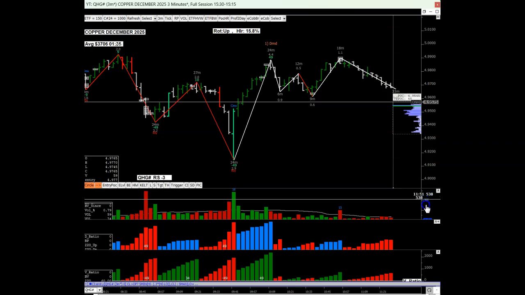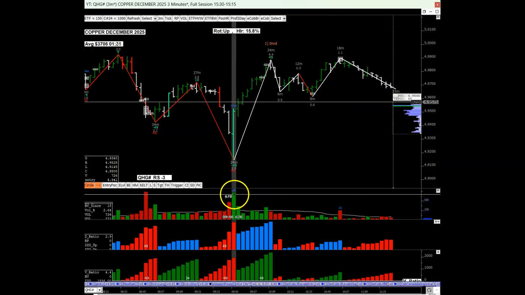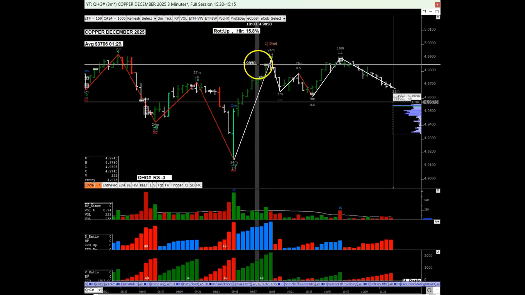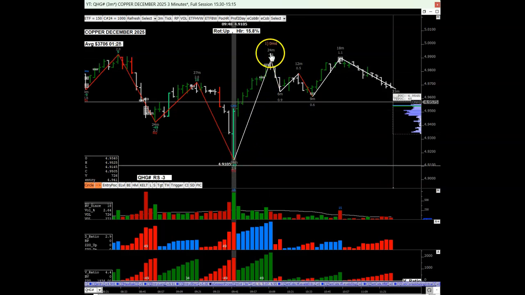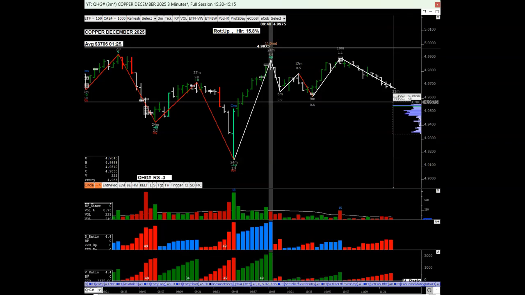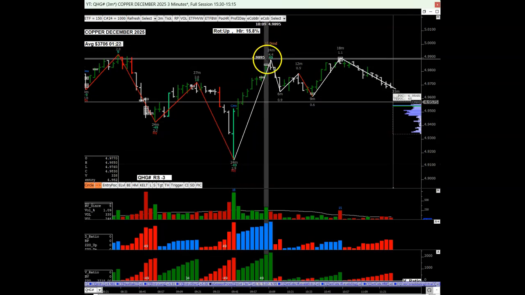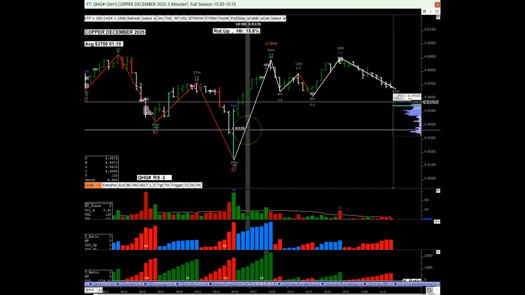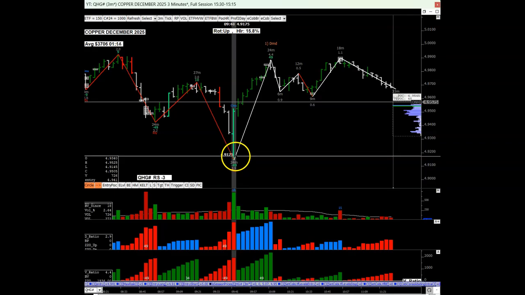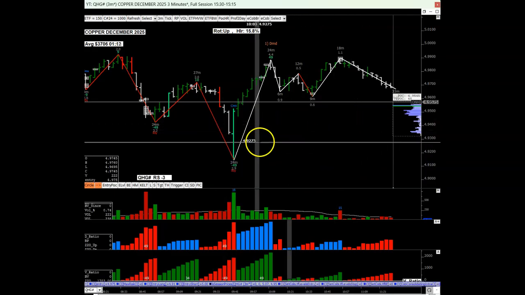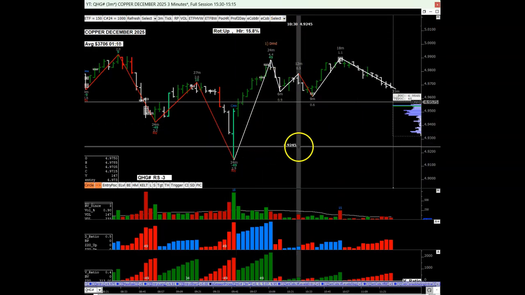And the other thing to mention is after the high volume, you should have a break or an extremely strong wave for a reversal. You can't just have high volume and just hanging out.